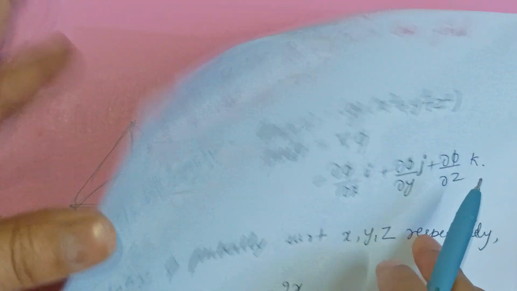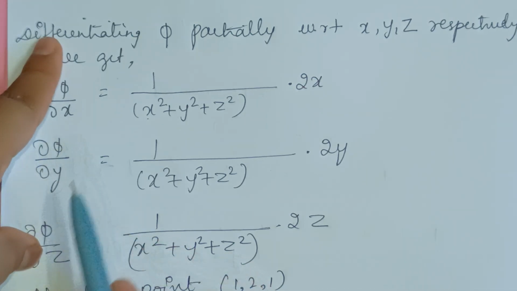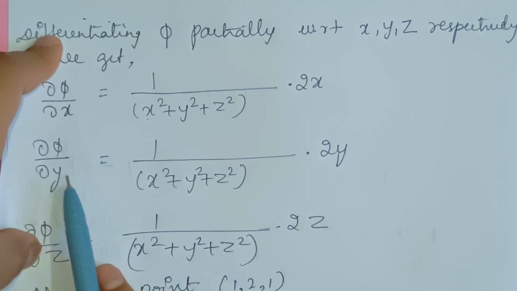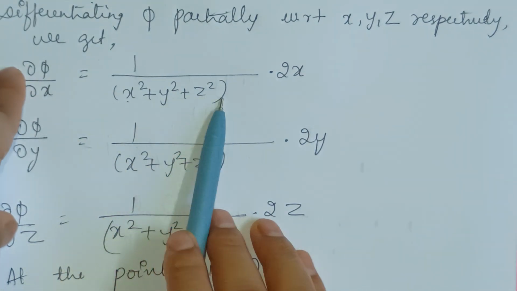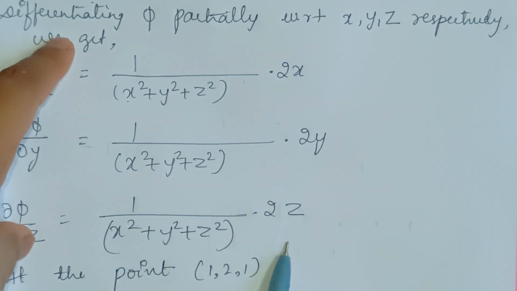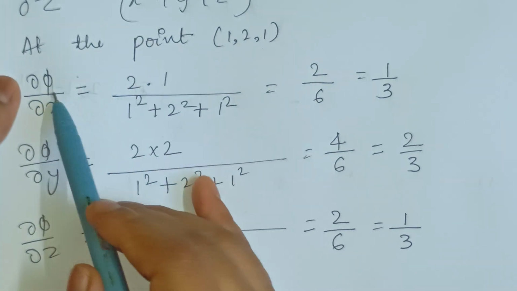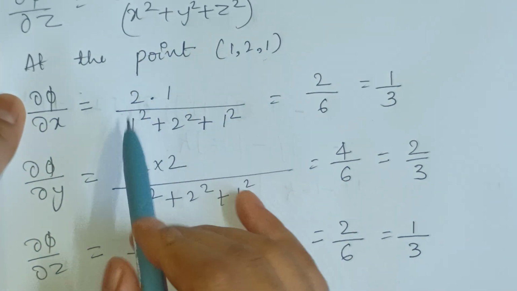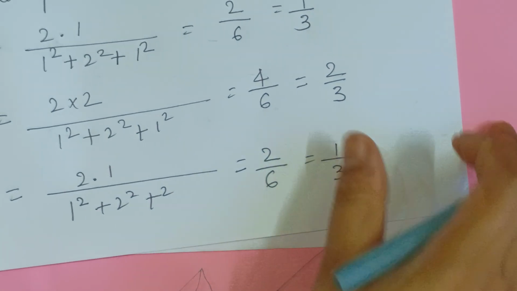Here I have simply partially differentiated phi with respect to x, y and z. So I've got 2x by x square plus y square plus z square, similarly 2y, 2z. At the point 1, 2, 1, just substituting 1, 2, 1 in place of x, y, z respectively, we get 1 by 3, 2 by 3 and 1 by 3.